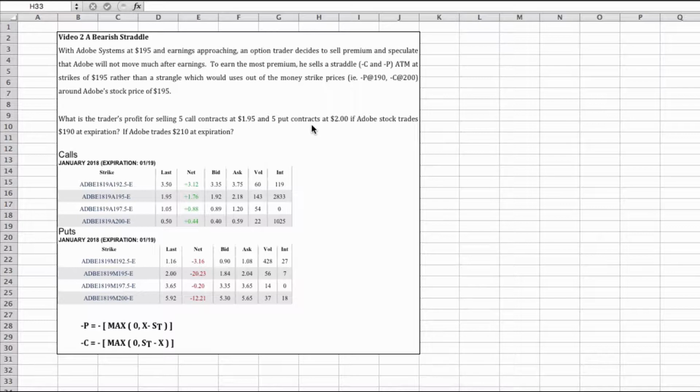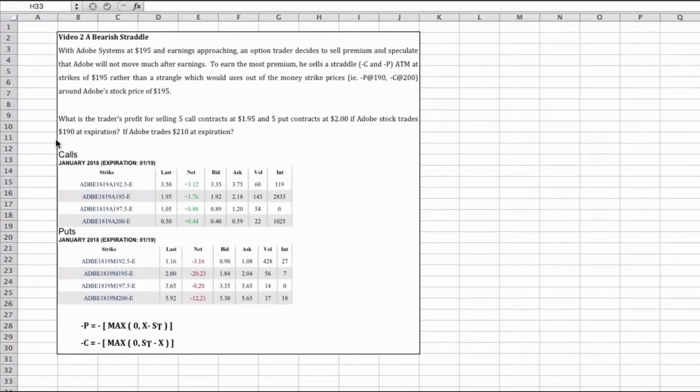Now, if the stock doesn't move more than this amount, that's about $3.95, 195 and $2. If the stock doesn't move about $4 from 195, your bearish straddle will be successful. If the stock moves more, then the bearish straddle will lose.